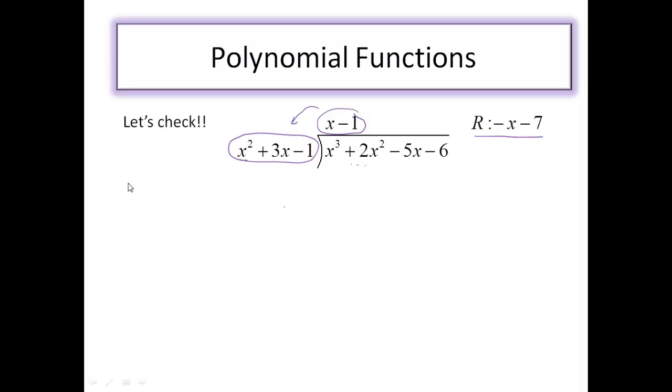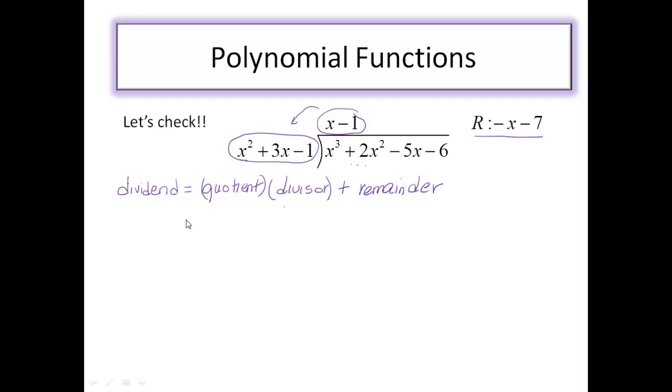It says that I can get my dividend by taking the quotient, multiplying it by the divisor, and adding the remainder. And we're going to do just that, just to make sure that I divide it correctly.